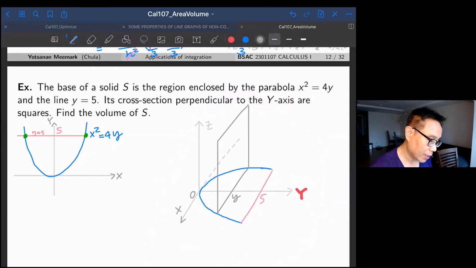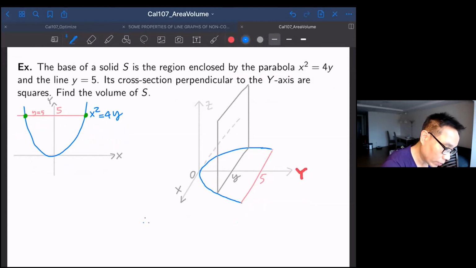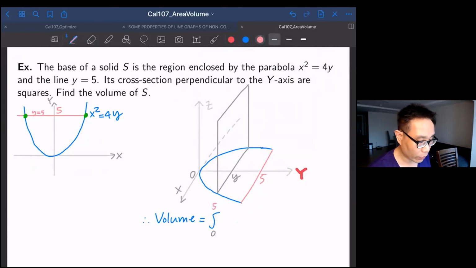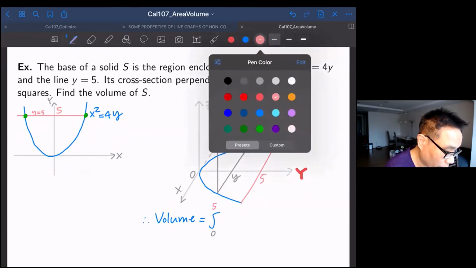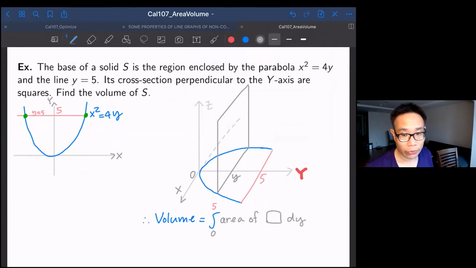So you see that the volume turns out to be the integral from 0 up to 5 of the area of the square dy.